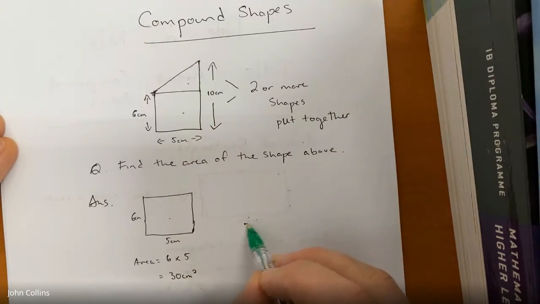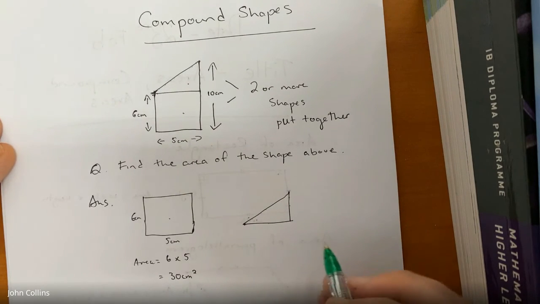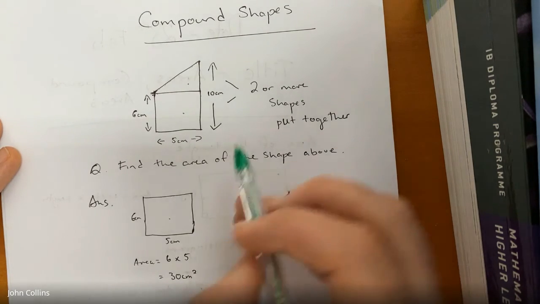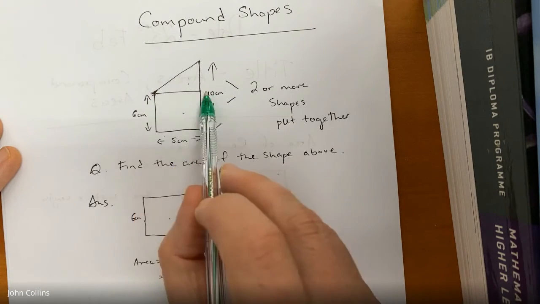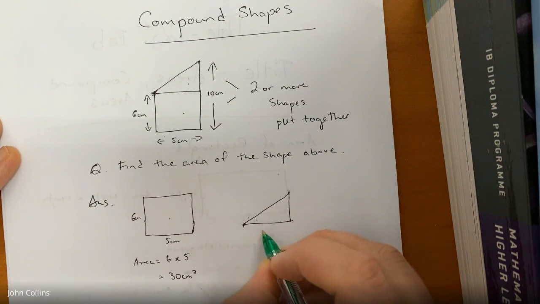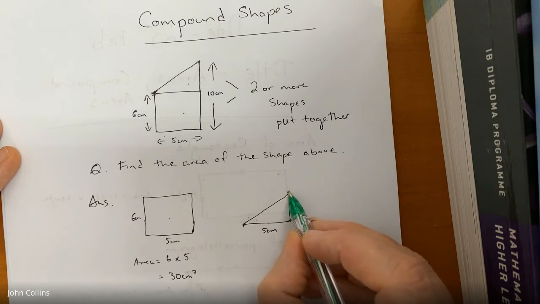I also have a triangular part. I think a few people have the answer correct. Now the triangular part, well, we're missing some dimensions here. The base I can work out because I know the base is stuck on and it's the same size as the base of the rectangle. So this is a base of 5 centimeters. But I don't have this height here.